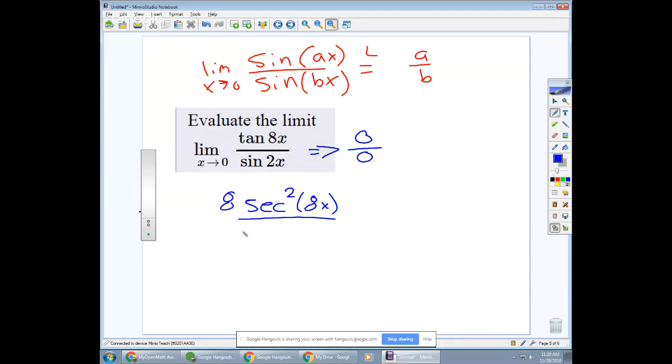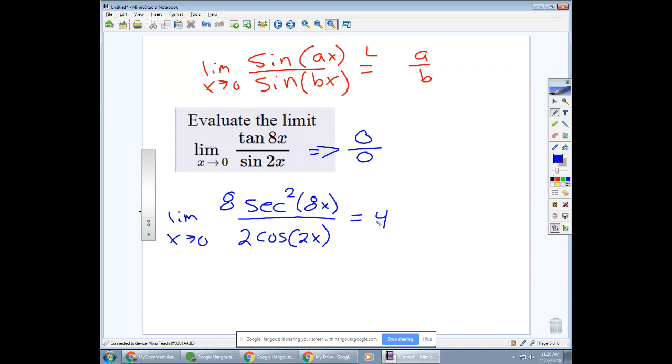And then sine would be twice cosine of 2x, limit as x goes to 0. And the secant is 1 over cosine. So when I plug in 0, this gives me a 1, and this gives me a 2. So this is 8 halves, or 4.